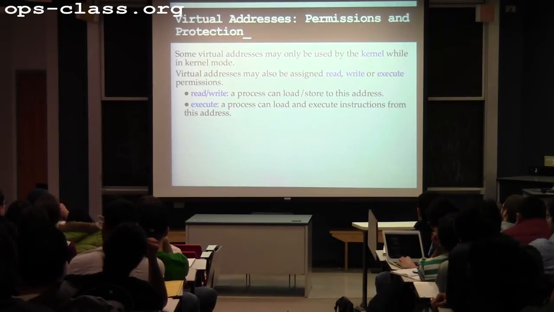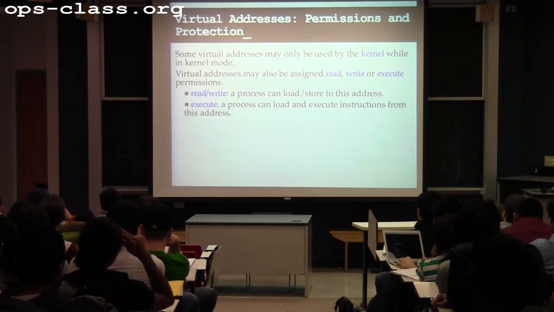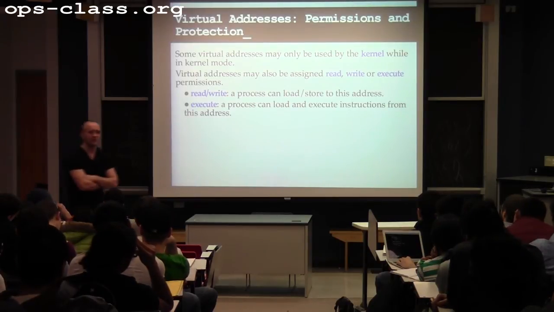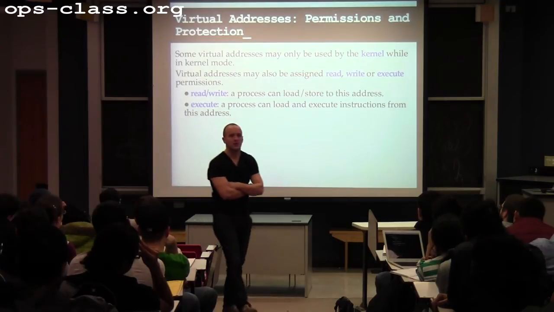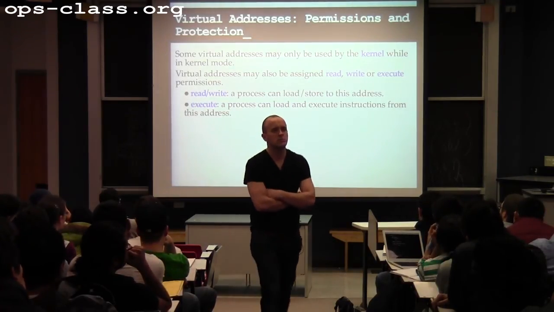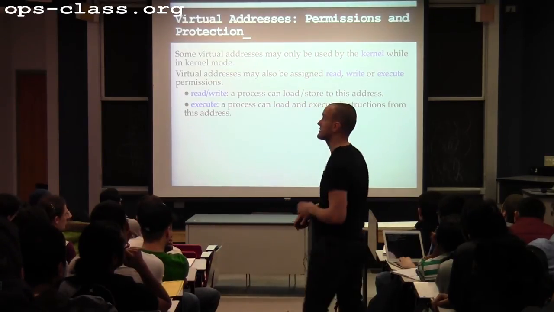Virtual addresses can also be assigned the permissions that we're used to associating with files. So, for example, I can set up a particular range of addresses so that they can be read-only. Where would I probably do that? What's one place in my address space where I would set up a portion of the addresses to be read-only? What's that? Yeah, the code section, right?